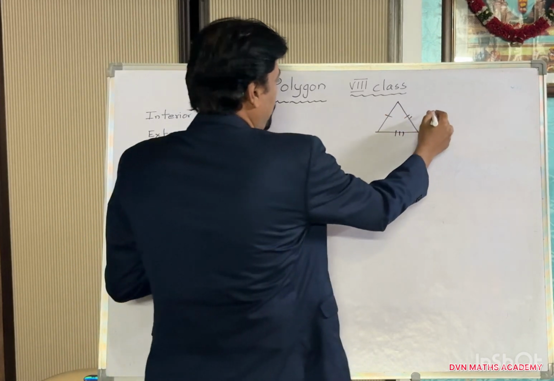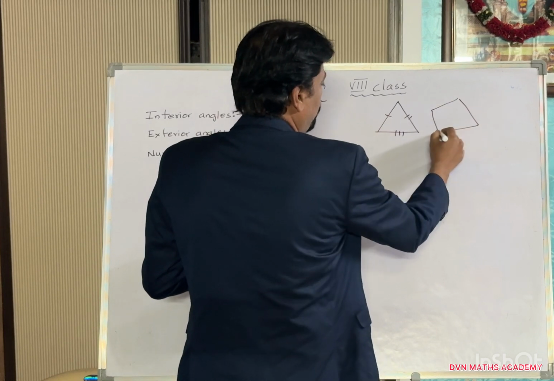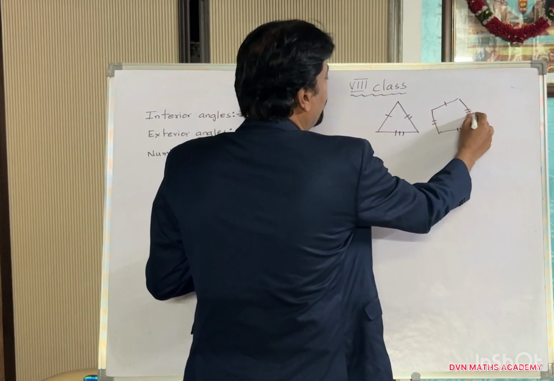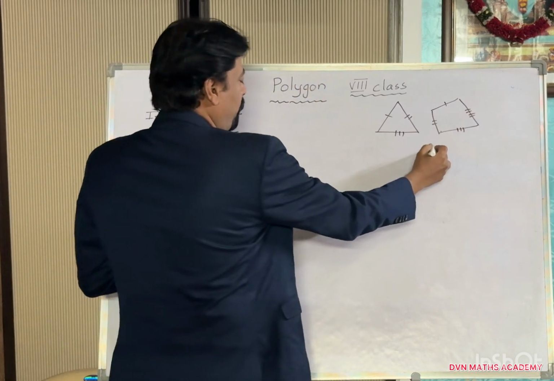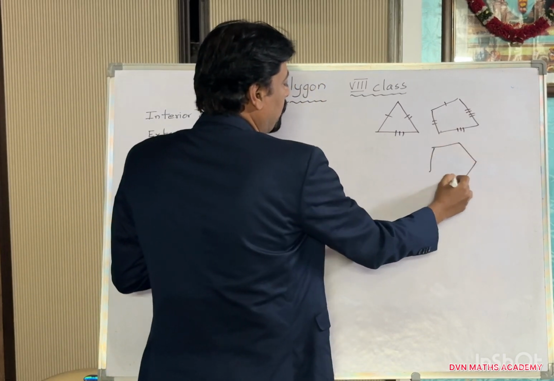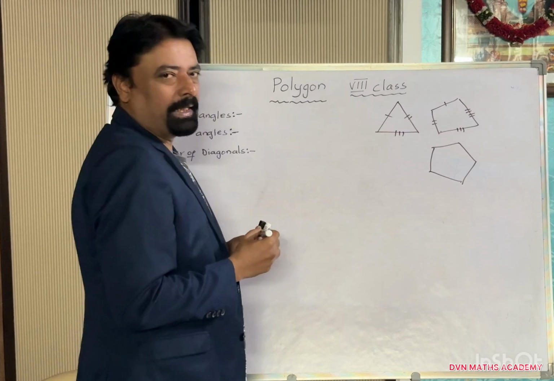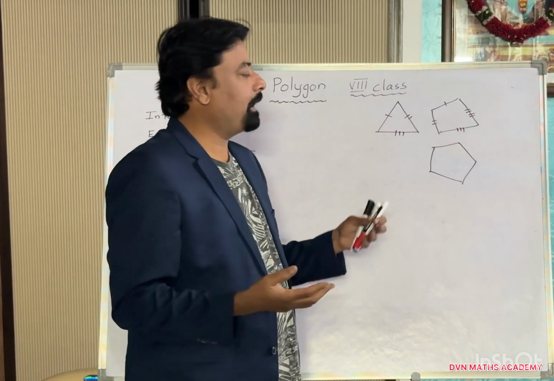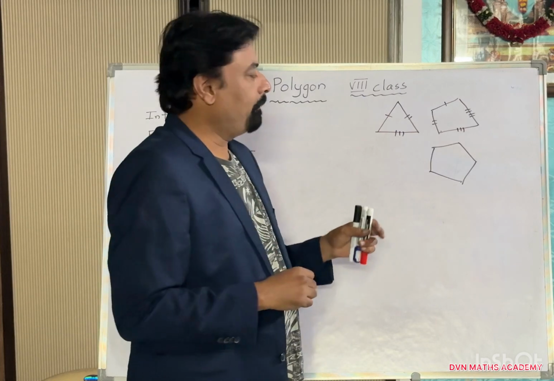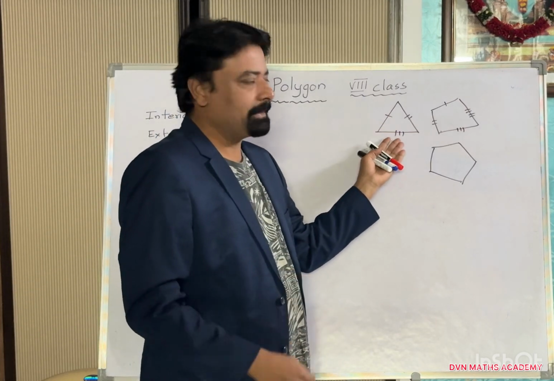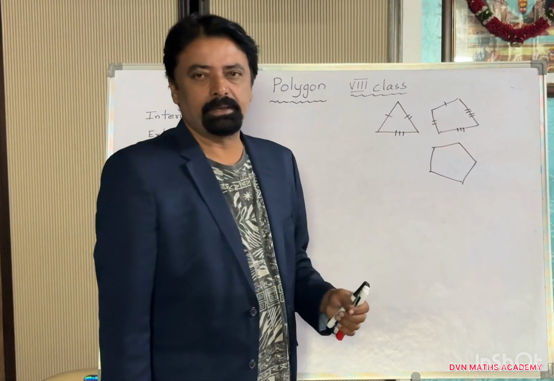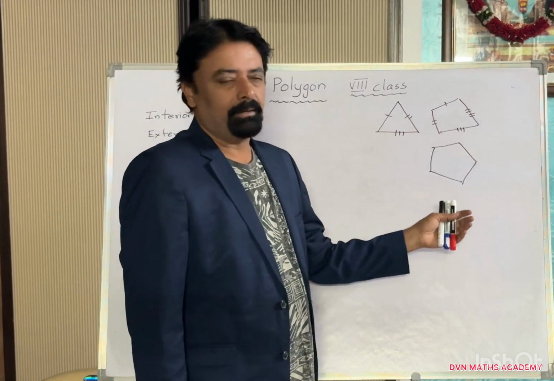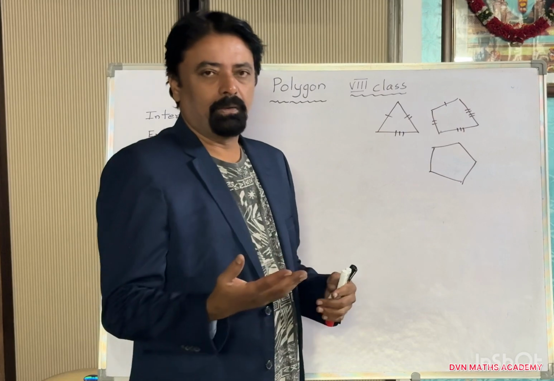If you go for a four-sided figure, we call it a quadrilateral. And a five-sided figure is a pentagon. So there are different types of polygons, and polygons are given names according to their number of sides. A three-sided figure is called a triangle, a four-sided figure a quadrilateral, a five-sided figure a pentagon, and like that, hexagon, nonagon, decagon.